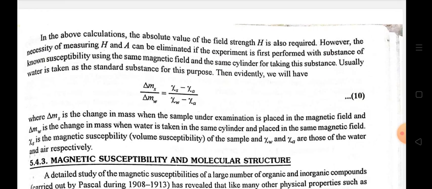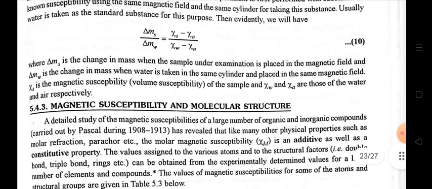Thus evidently we will have delta m s upon delta m w is equal to xi s minus xi a upon xi w minus xi a, that is equation 10, where delta m s is the change in mass when the sample under examination is placed in the magnetic field, and delta m w is the change in mass when water is taken in the same cylinder and placed in the same magnetic field. Xi s is the volume susceptibility of the sample, and xi w and xi a are those of the water and air respectively.